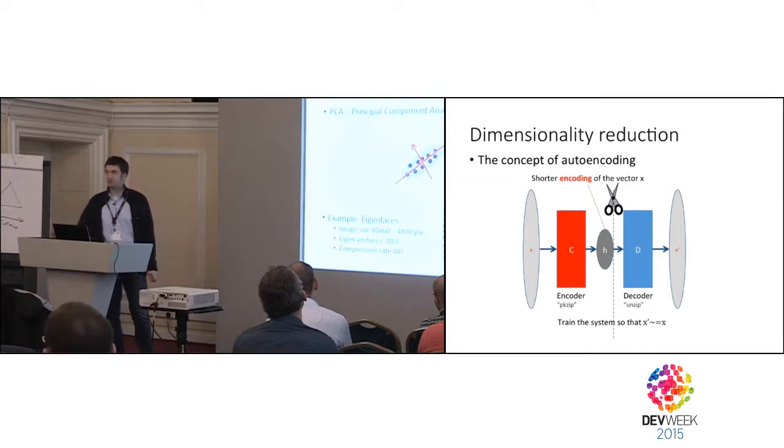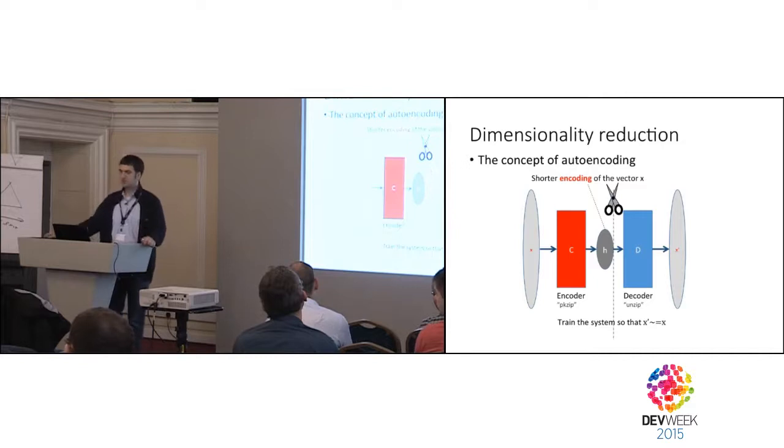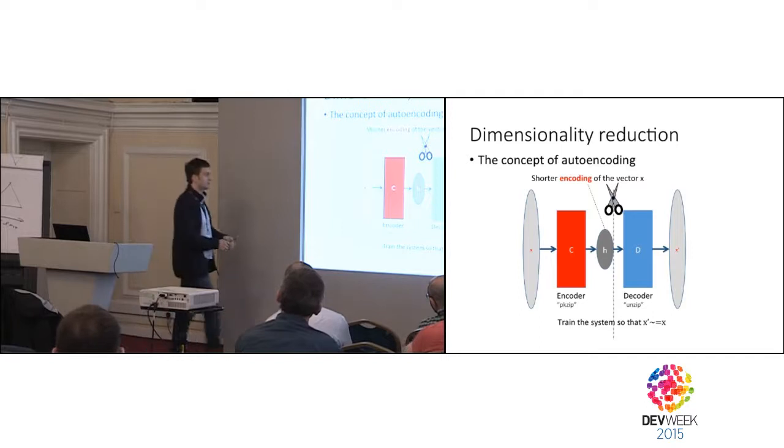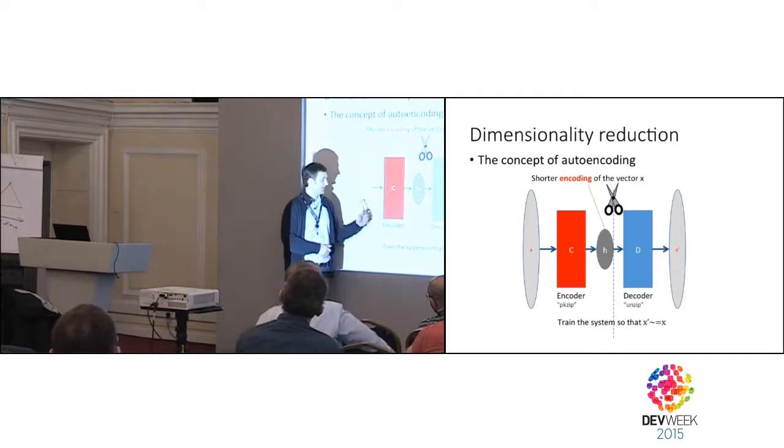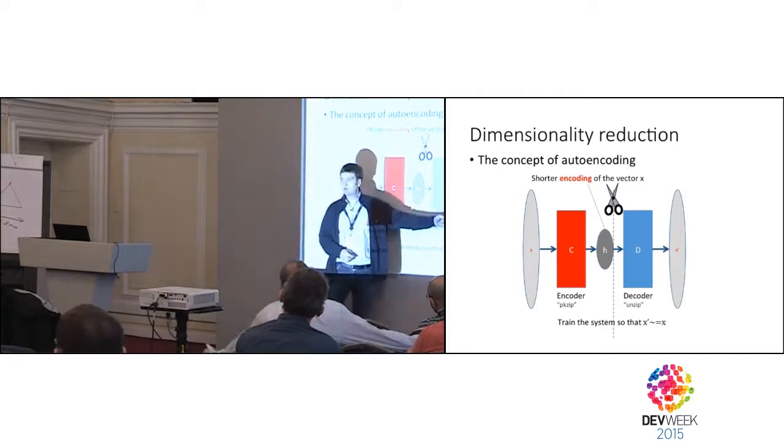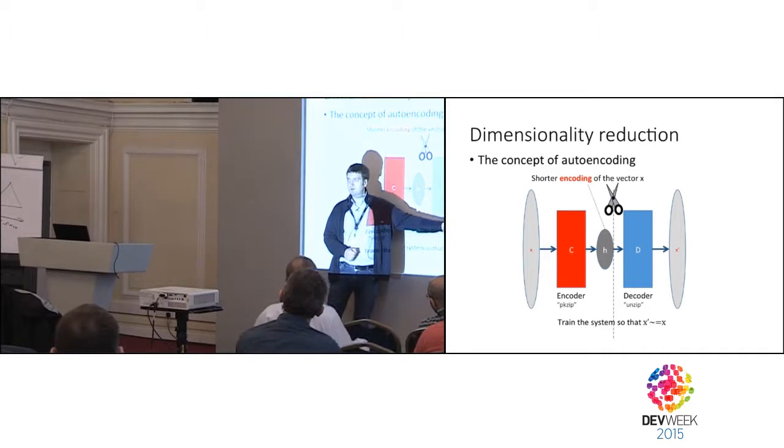Isn't there a bit of a problem there in that your initial vector will have some parameters which are just noise? Yes, and this is very good. It won't necessarily be reconstructed accurately because the noise is irrelevant.